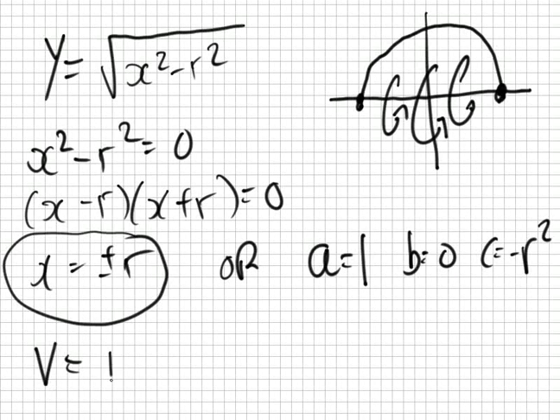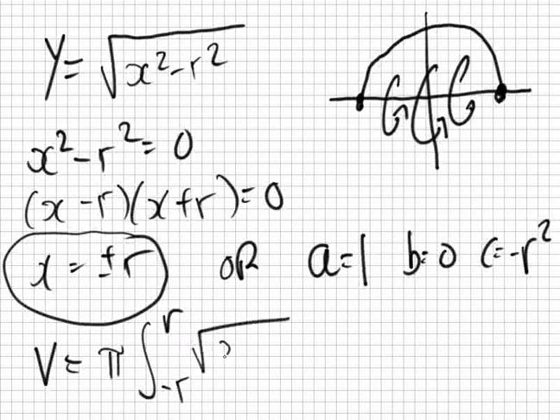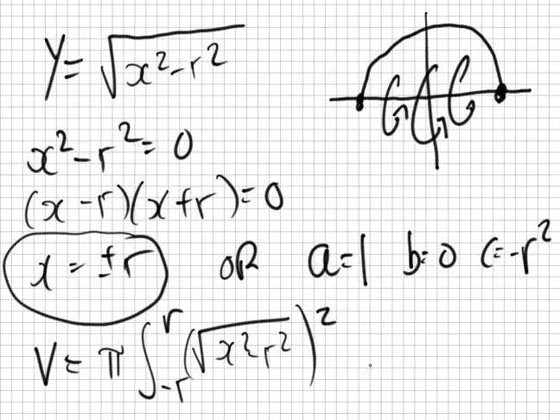Now, we use the formula for volume. Volume equals pi, integral from minus r to r, of square root x squared minus r squared, squared.